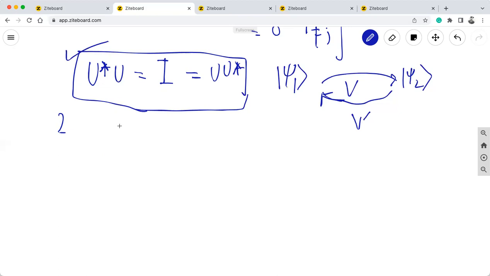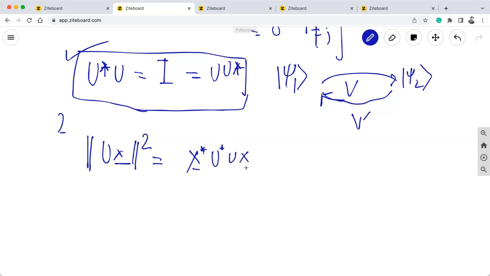Secondly, another property is that if you multiply this unitary matrix with any vector, not necessarily a unit vector, any vector x, and take the square, what you effectively get is the conjugate of x, into U conjugate, into U, into x.